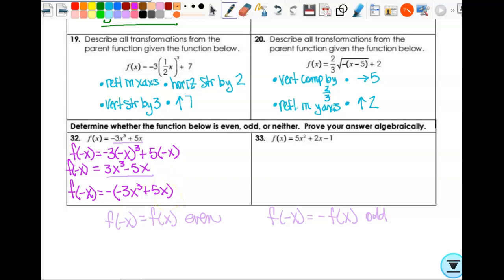And then when I look at this, it is identical to this, and so this is negative f of x. So f of negative x equals negative f of x, and that means that this is odd, and it has origin symmetry.